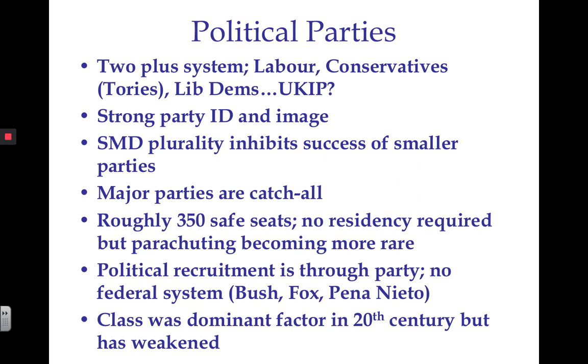UKIP stole some thunder as far as a third party from a popular support standpoint, but UKIP has not been able to be historically electorally successful in winning seats in Commons. They had one, now they had none. They did drive the Brexit debate in large part, though.